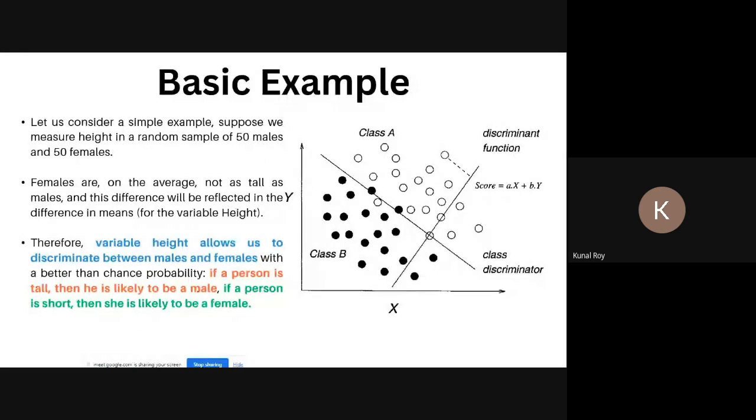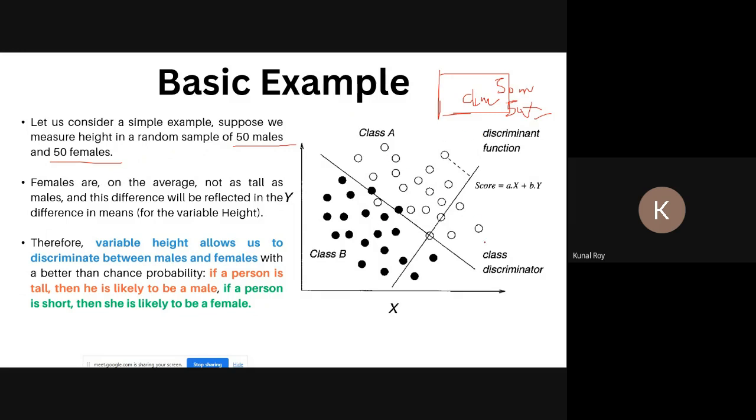So we have taken a basic example of how we can determine the discriminant function. Let us consider that we have 50 males and 50 females, say in a particular class or college.